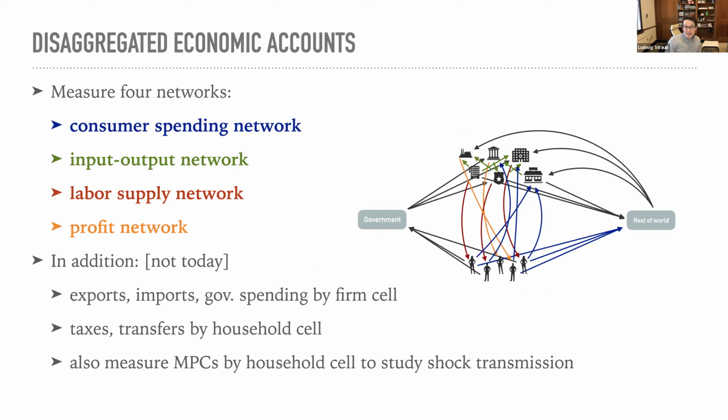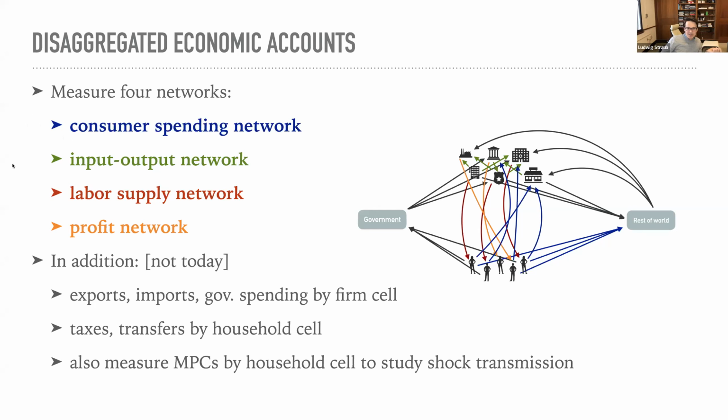Now, as I mentioned in the beginning, we want to get a sense of the linkages between the different household cells and between the different firm cells, and especially these cross linkages between households and firms. I think our main novel set of linkages that we can measure directly are the linkages in the consumer spending network, by which we mean the distribution of a household cell's spending across all firm cells in the economy.